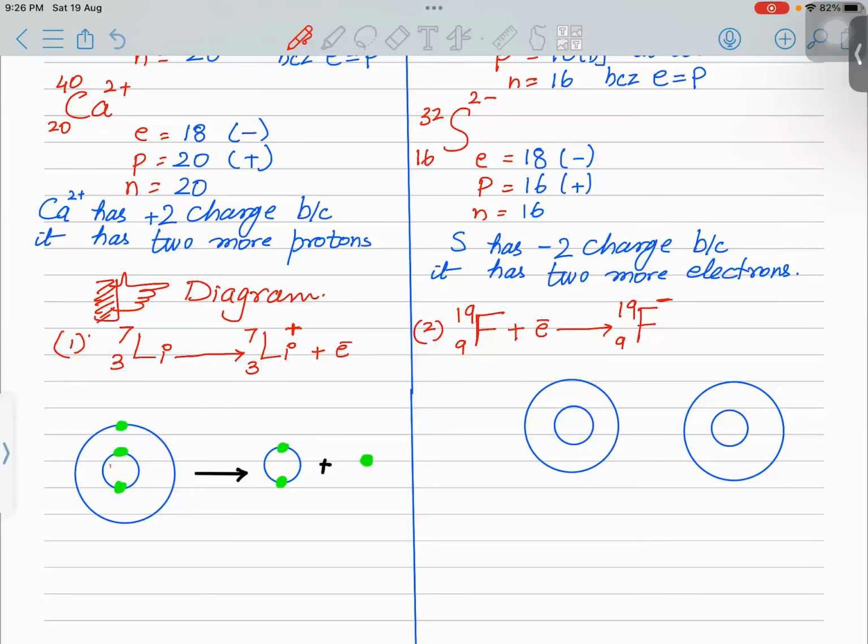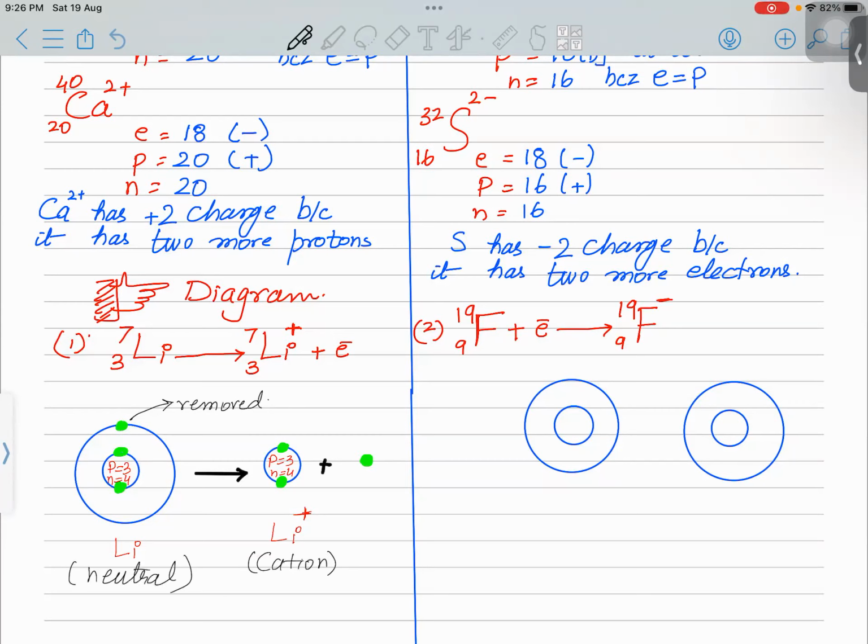This is lithium, proton 3, neutron 4. This is lithium plus. This electron is removed. This is cation. This is neutral.